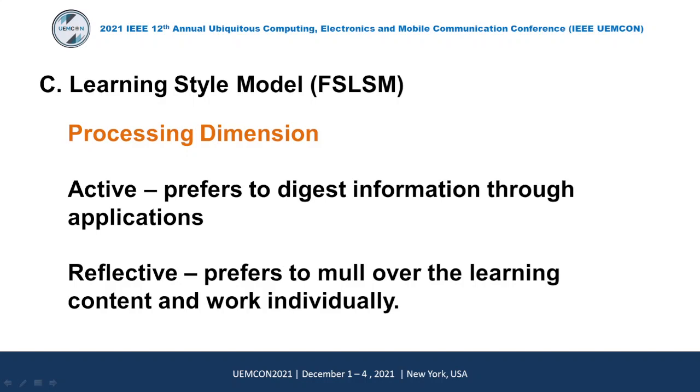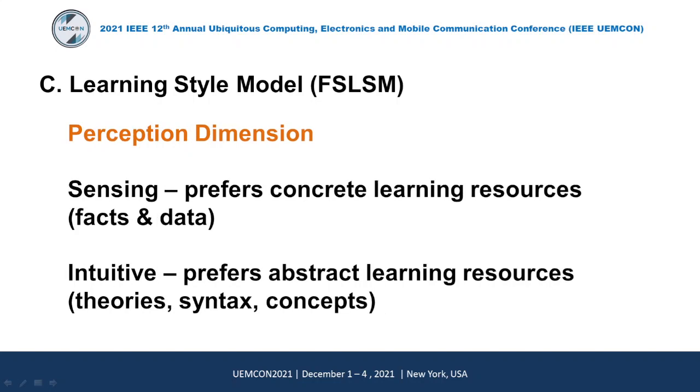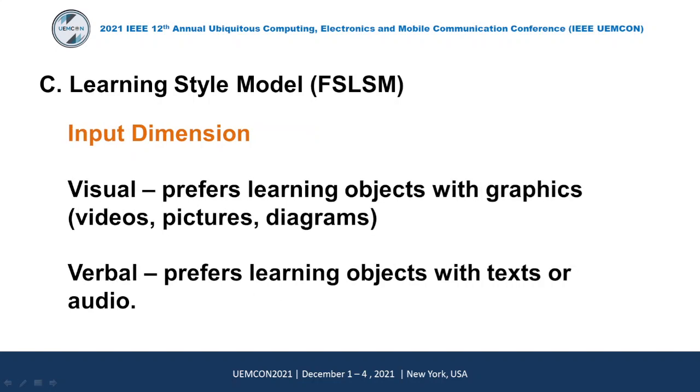They want to do something with the learning material. Reflective learners, based on the root word reflect, mull over the learning content and prefer to work individually. For the perception dimension, sensing learners prefer concrete learning resources with facts and data, while intuitive learners prefer theory, syntax, and concepts or abstract learning materials.